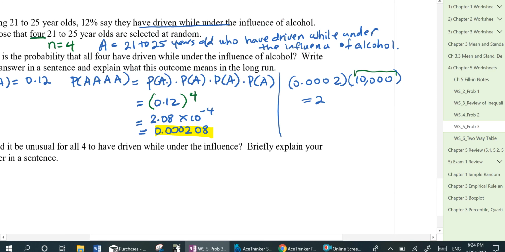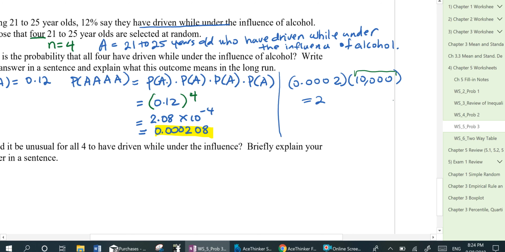Again, notice that I multiply by 10,000 here and approximate the 0.000208 to 0.002. I can also say 100,000. If I do 100,000, then I will have approximately 21 of them going to say that they have driven under the influence of alcohol.